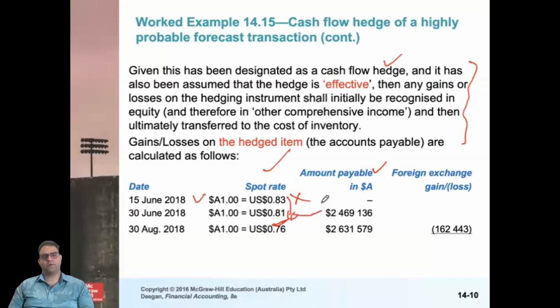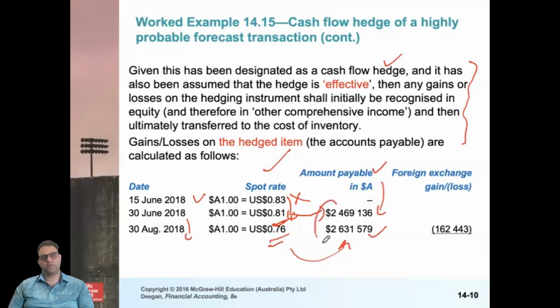Now we don't owe 2.5 million, we owe 2.469 million. So this is the reduction in the amount payable as compared to the 15th June. Then on the 30th August, when we actually deliver the goods, the amount of spot rate was 0.76. So in this rate, we have to pay them 2.61 million. So overall, we start from 2.5.